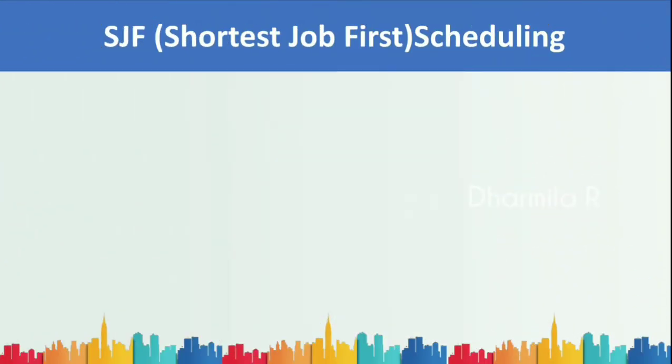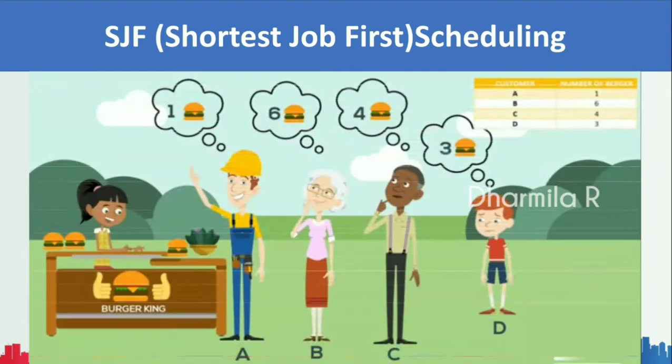Now let us move on to the second algorithm, that is shortest job first scheduling. Now look at this picture. Assume that we have a shop here and a few customers are waiting to place the order. And if the burgers are less in number, what will the shopkeeper do?